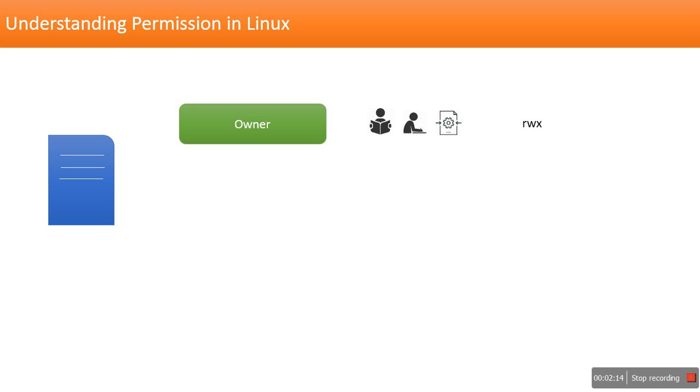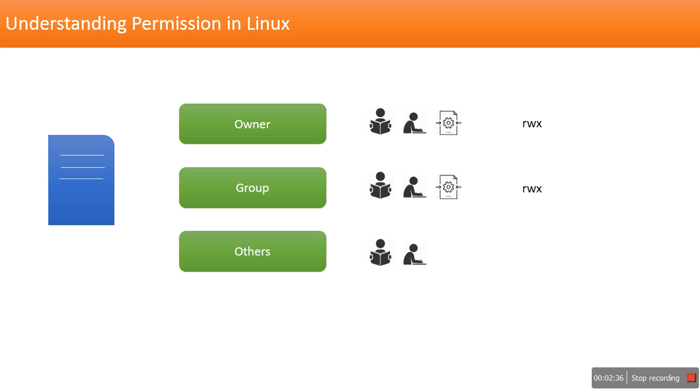Let's say we have three categories, and the first one is owner. The owner has all permissions. The owner can read that file, can write, and can execute. So we can represent owner permission as RWX. Let's say group also has the same permission, so group permission is also represented by RWX.